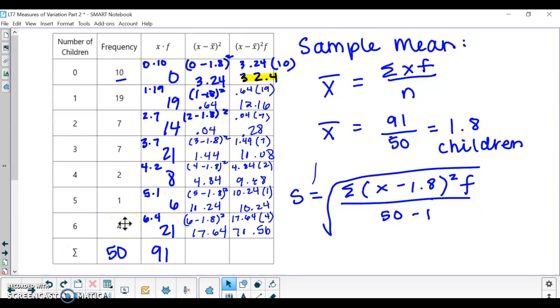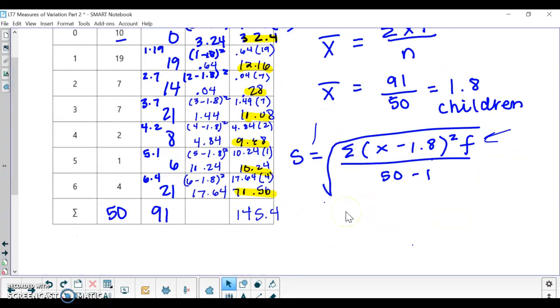We're going to take each one of these products and sum them up and get a total of 145.4, and that is the numerator of this fraction. We're taking the square root of 145.4 divided by 50 minus 1, which is 49.